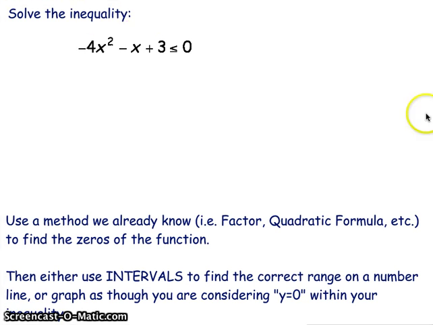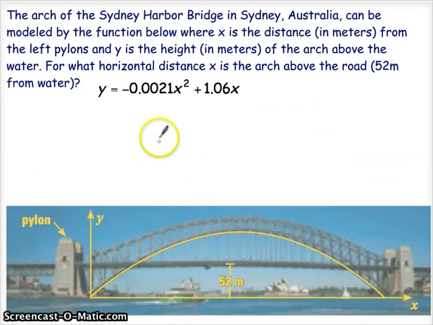Now, why in the real world would we use something like this? Well, what if we ask you this question? The Sydney Harbour Bridge in Sydney, Australia, can be modeled by a nice quadratic function. You notice down here at the bottom, the actual driving lanes of the bridge are 52 meters above the water. So what we want to know is, for what horizontal distance x is the arch above the road?